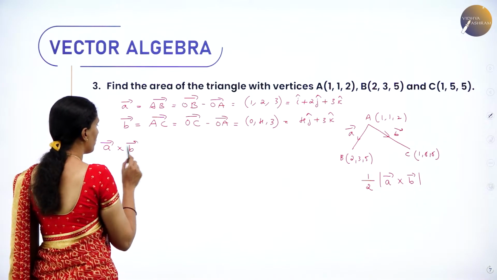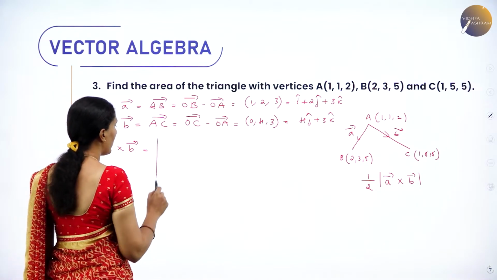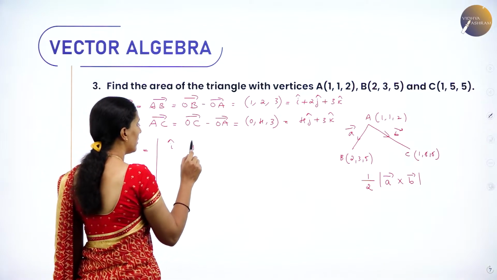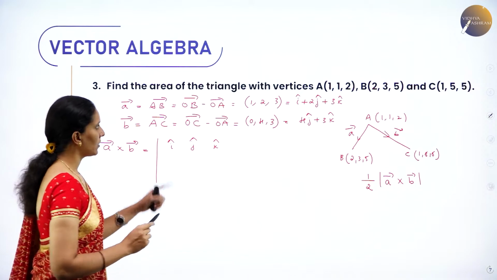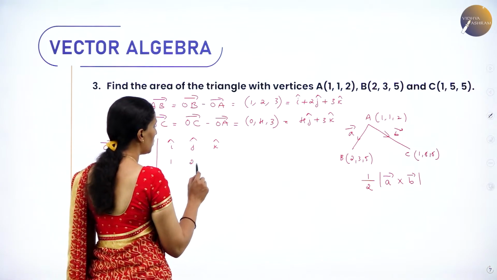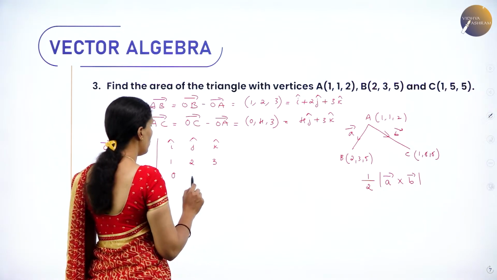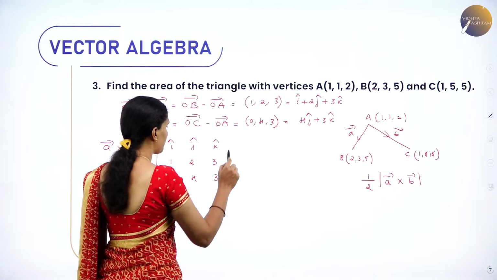Vector A cross vector B is nothing but i, j, k. Next we will take the components 1, 2, 3, 0, 4, 3.